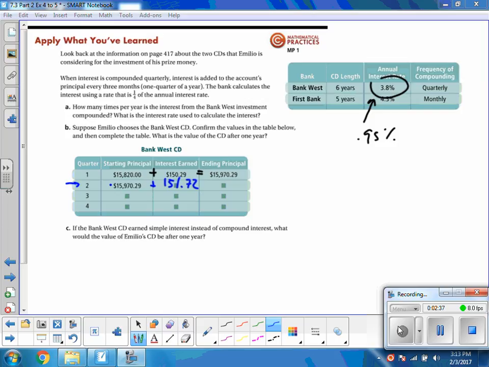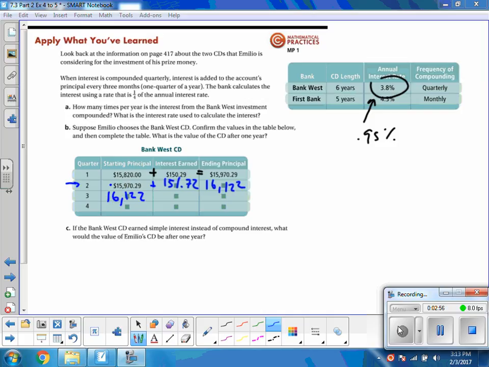Okay, I'm going to add that to my initial 15,970.29, and now my balance is up. Let's make sure I added this right. Yep, so I'm at 16,122. Now, my new starting principal has now changed.